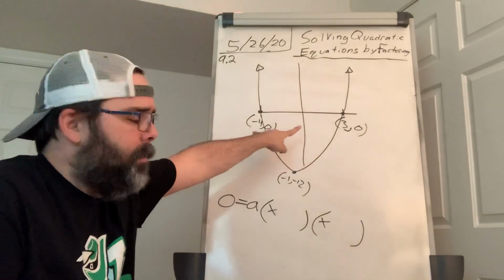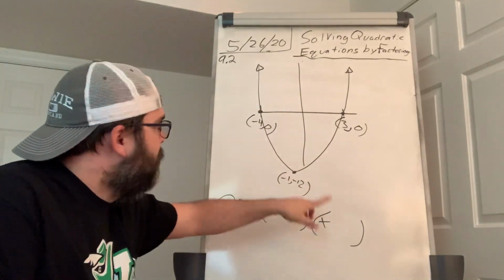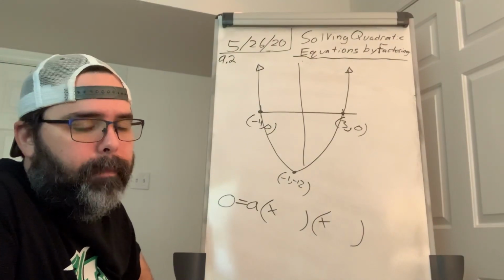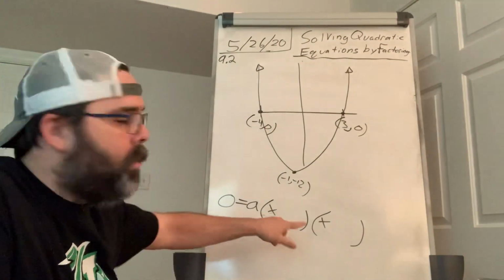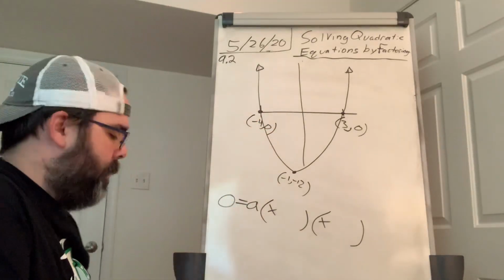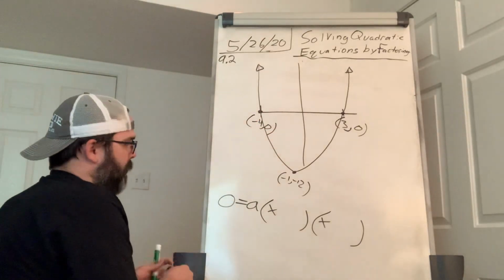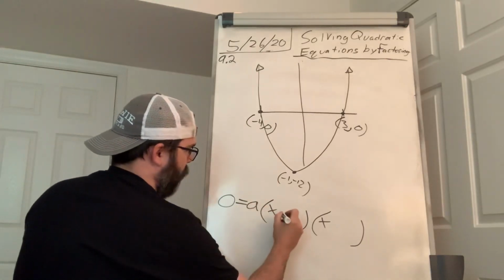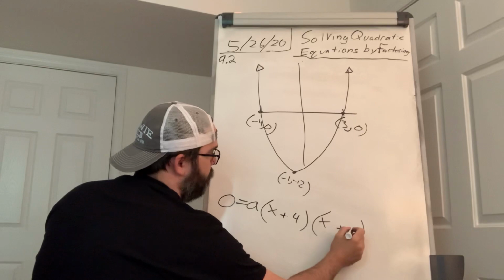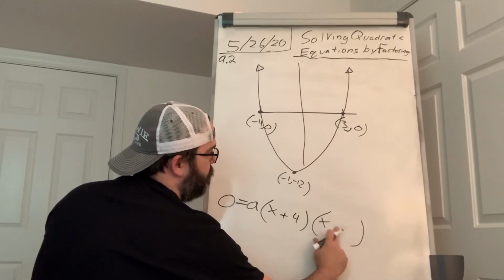These are the zeros, but when they're in these parentheses, they're actually the opposite signs. So it should be 4 and 3. All right, because when you solve these, you get -4 and 3. So here, this is going to be +4 and -3.